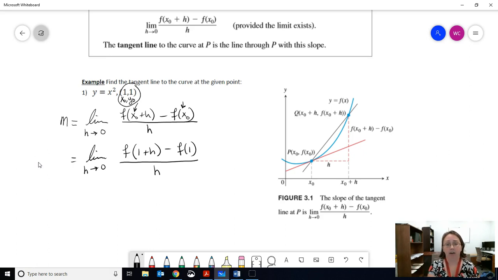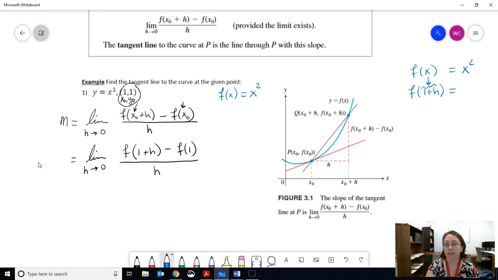Let's actually plug in our function. The function we were given, the y value, remember, is f of x. So f of x equals x squared. We need f of 1 plus h, so I'm going to go over to the side and find f of 1 plus h. If our function f of x was x squared, I replace x by 1 plus h.